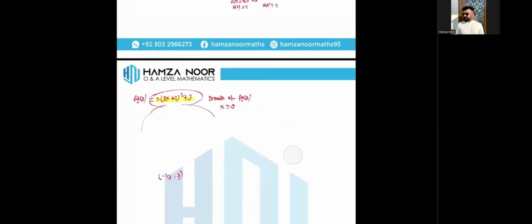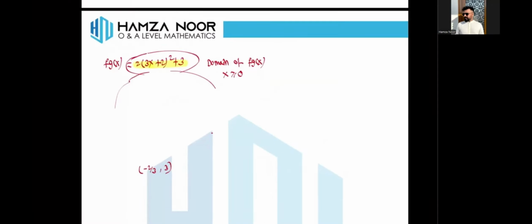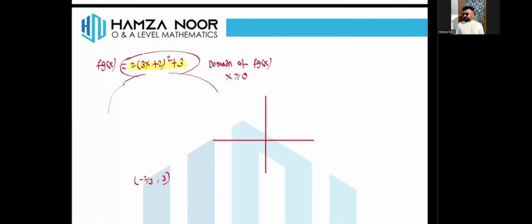If I make a rough sketch for this f of g of x function, let's say x is equal to minus 2 over 3 over here and y is equal to 3 over here.